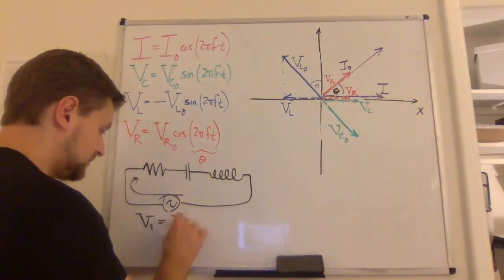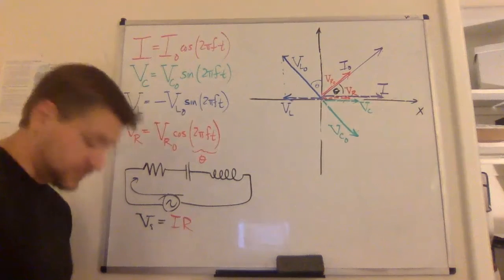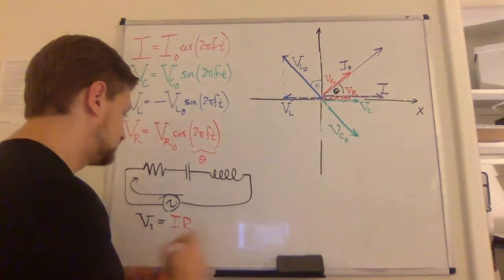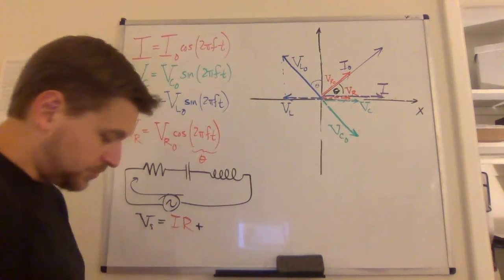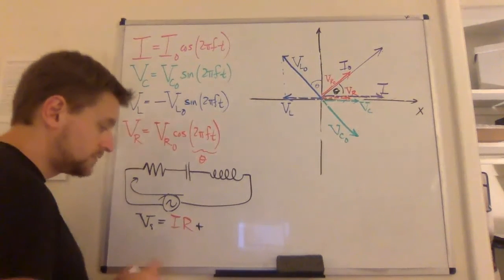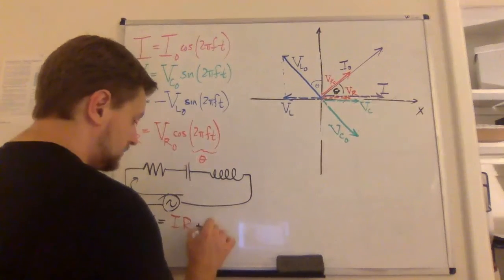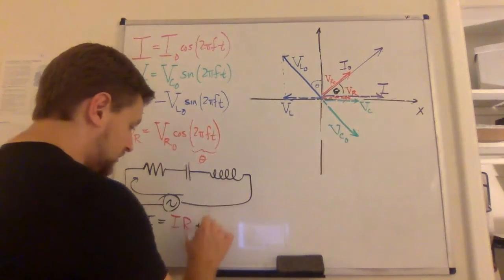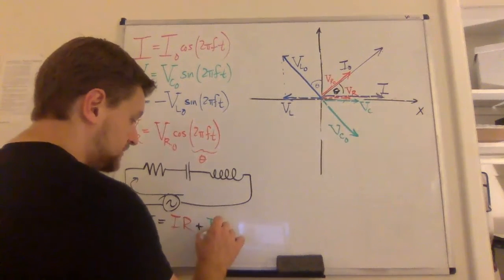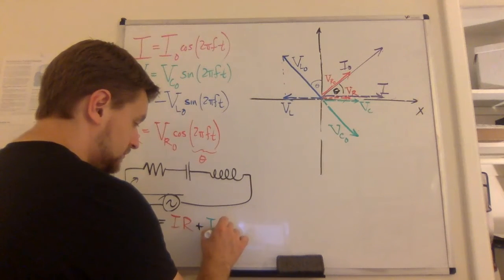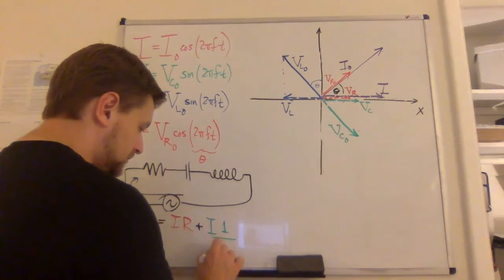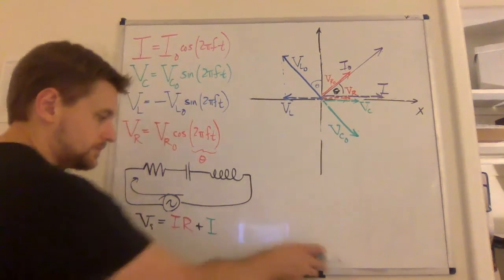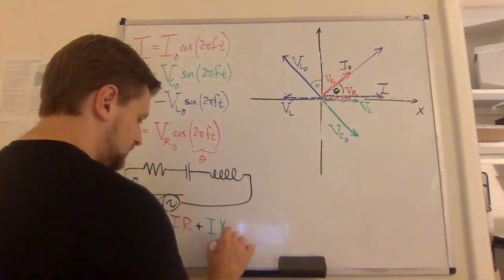It's just the current times the resistor. The resistive reactance is just R. Plus the capacitor, the reactance, potential difference across it, we said, to do like an Ohm's law thing, was the current times the reactance, which was 1 over, well, let me just write it as X, XC.